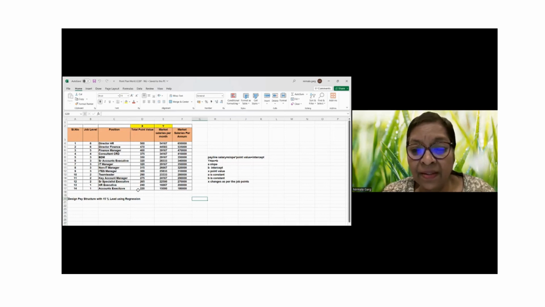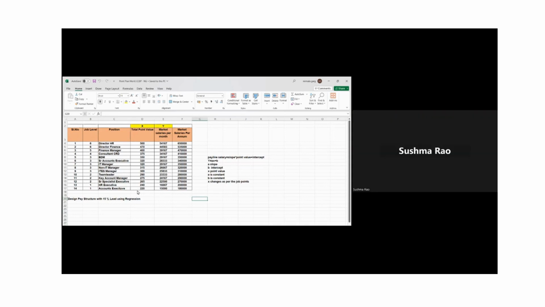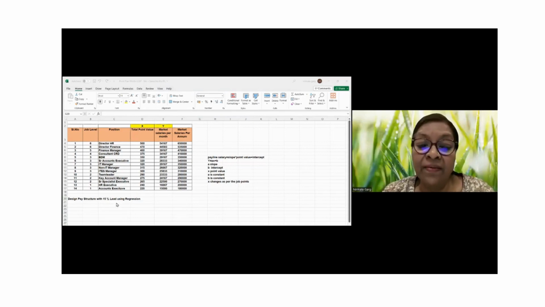The 500 one. The advantage of evaluating a job in terms of points is that it is very objective and quantified. Higher the points, higher the job. Lower the points, lower the job.